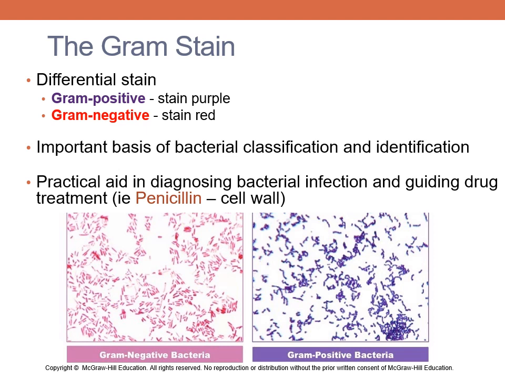The Gram stain also aids in diagnosing an infection and guiding drug treatment based on how they affect gram-positive or gram-negative cells. For example, penicillin acts very well on the cell wall to kill gram-positive bacteria, but gram-negative bacteria are much more resistant to penicillin because they have an outer membrane that protects their peptidoglycan layer.